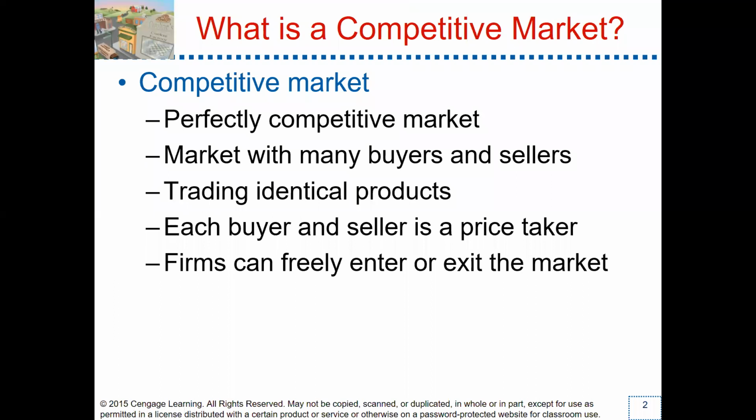The products are very similar to each other, and here's one condition: each buyer and seller are price takers. They do not determine the price. The price is determined by demand and supply, like the invisible hand theory stated by Adam Smith.